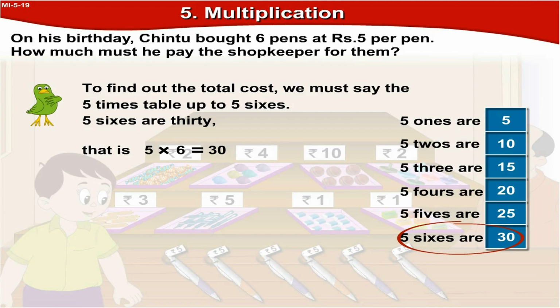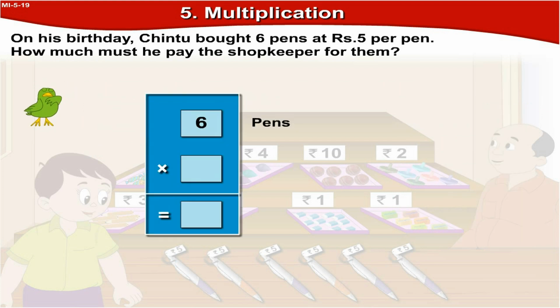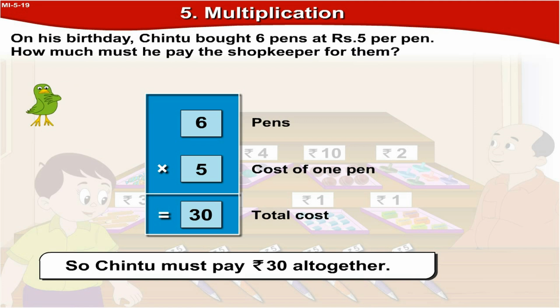That is, 5 into 6 is equal to 30. So, 6 pens multiplied by 5, which is cost of 1 pen, is equal to 30, that is total cost. So, Chintu must pay rupees 30 altogether.